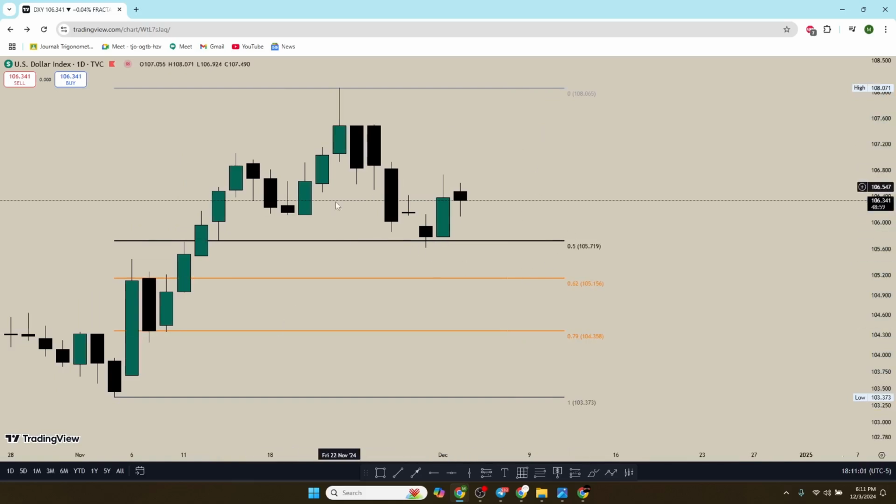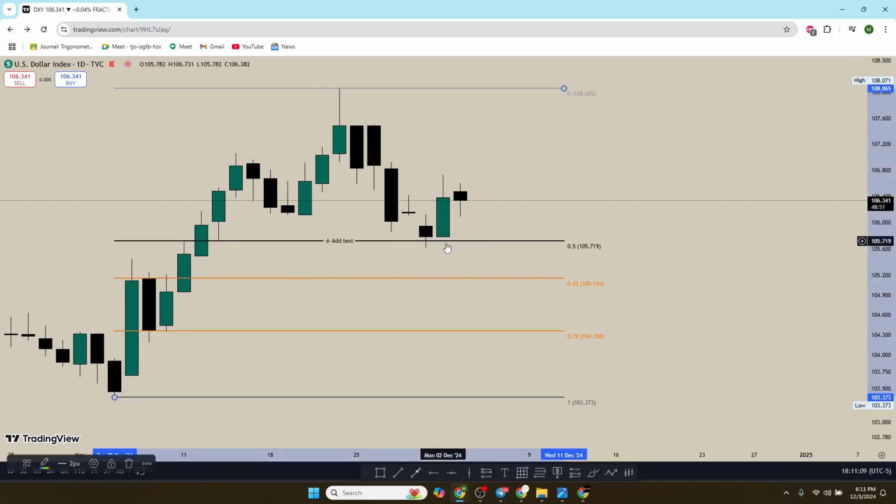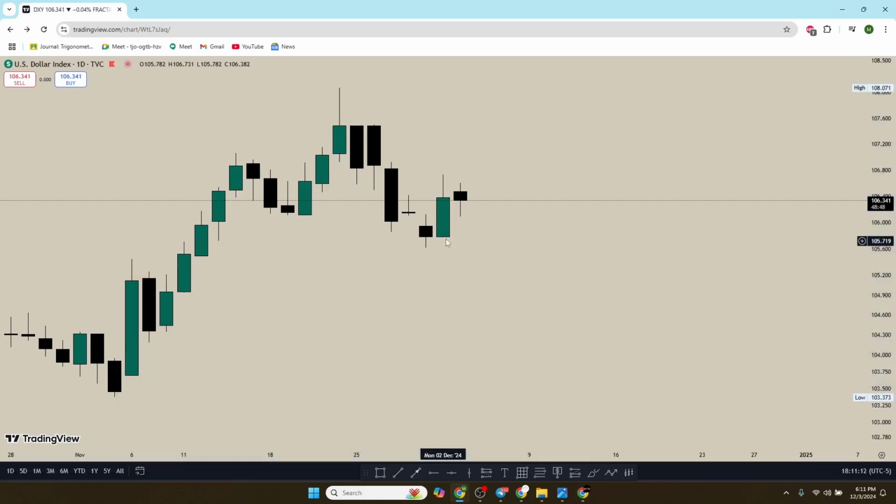Price is above the 50%. So the dollar index today was in a premium in reference to the last 20 days of price action, right? With that being said, if I'm in a premium, I'm looking for bearish PD arrays or bearish resistance, if you want to call it that.